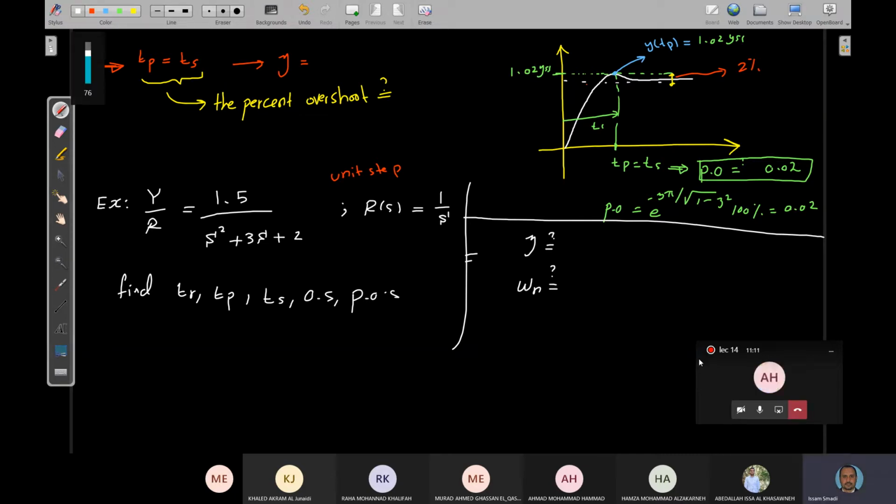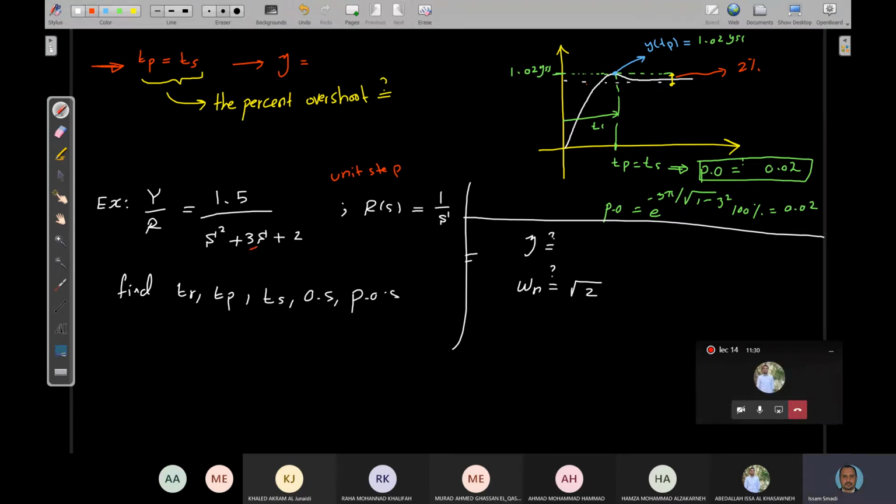Omega n equals what? Over damped. So this will be the square root of 2. Yes, thank you. And zeta equals what?